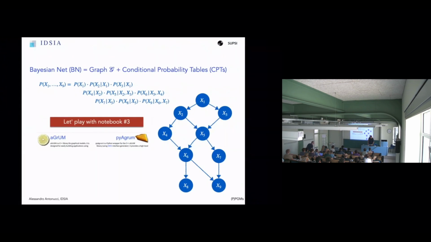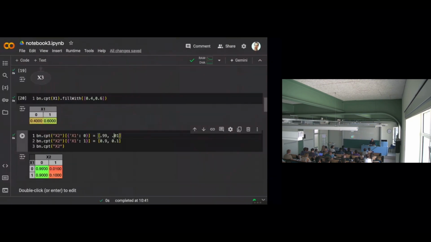Here, for this guy, we have 2 parents, and let's say everything is Boolean, so we have 4 different joint values of the parents. So the conditional probability table will be the probability for x6 given the 4 possible values of x4 and x5. So it will be a table of 4 columns or rows, depending on the way you sort them. Okay, let me go back.